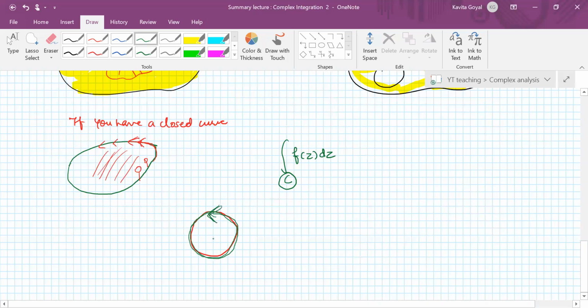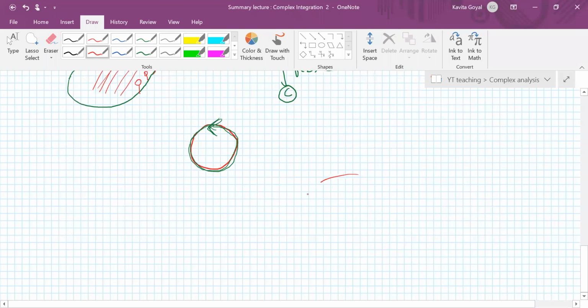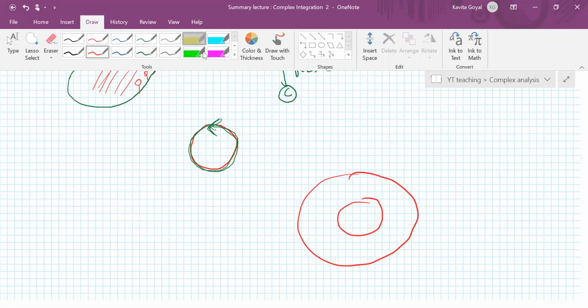So this is your positive direction. Clear? Yes, ma'am. Okay, for example, suppose you have a region like this, and this part is a hole. Can you tell me what the boundary of this region is?